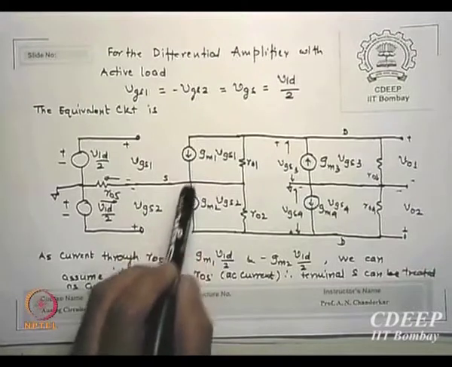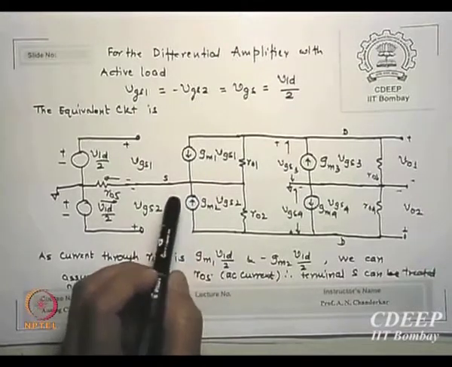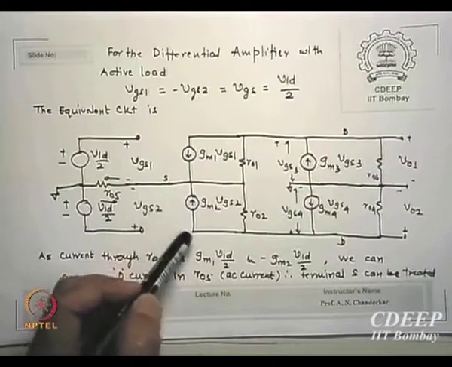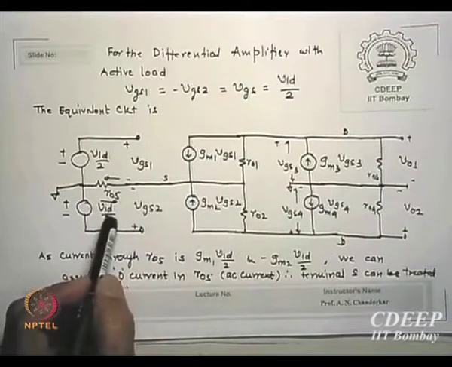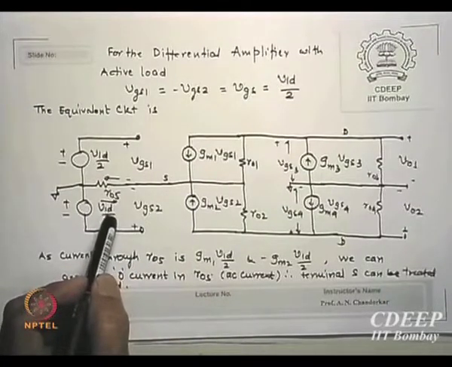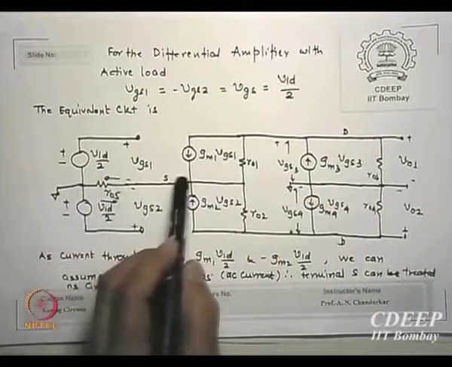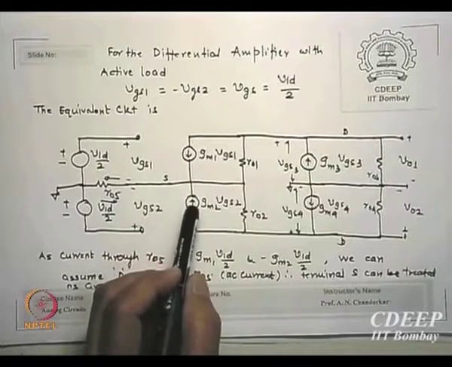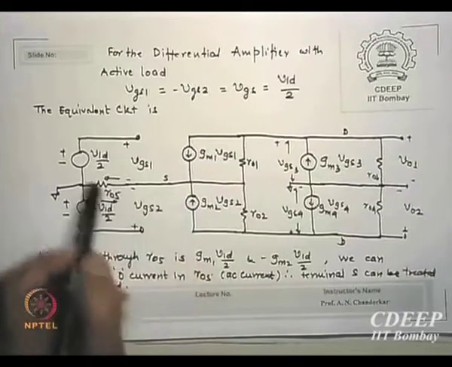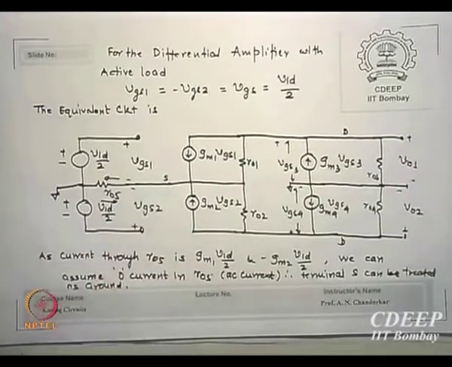The assumption is GM1 is the same as GM2 and the signals are in opposite sense, then automatically we say there is hardly any current in RO5, and since there is hardly any current in RO5, this potential is the same as this potential. No current means the potential here and the potential here must be the same, otherwise current will flow. Is that correct? If we say no current, the potential at the two ends of RO5 must be the same. Is that clear?